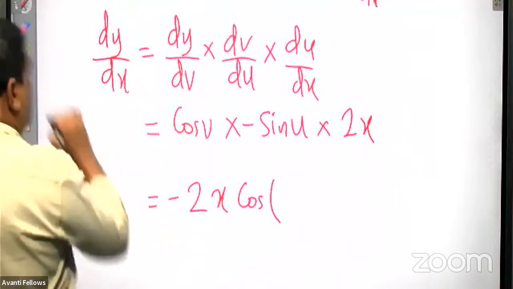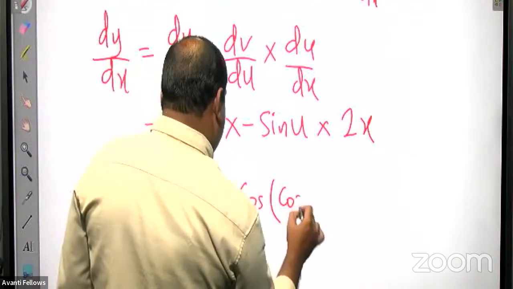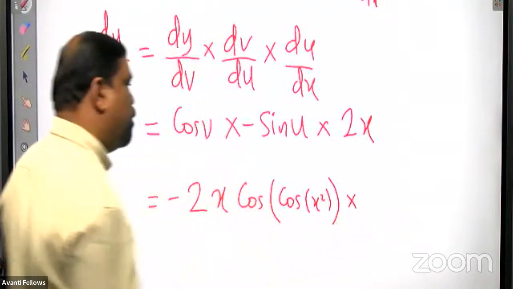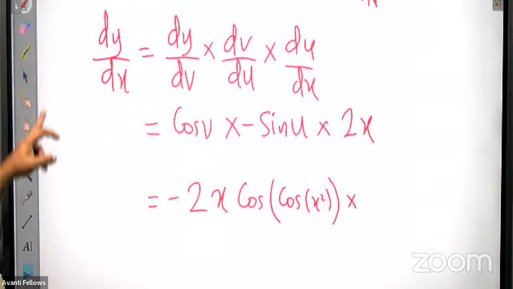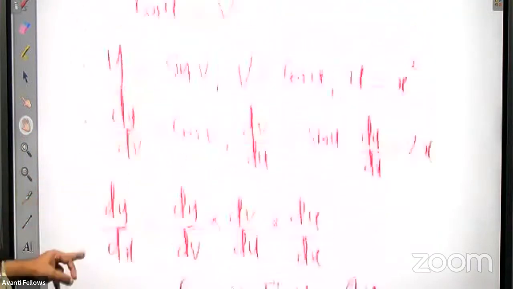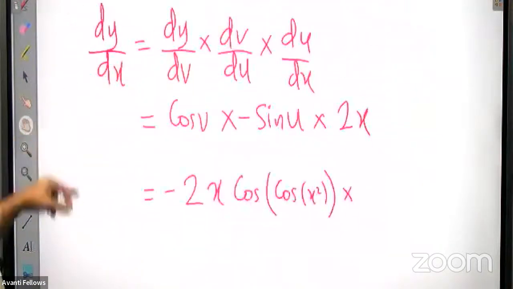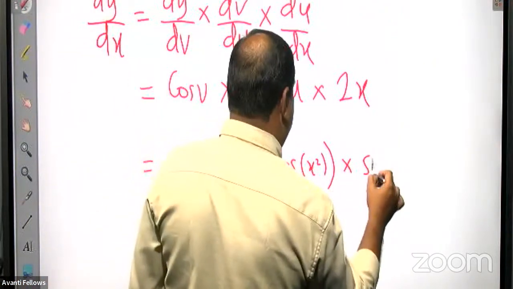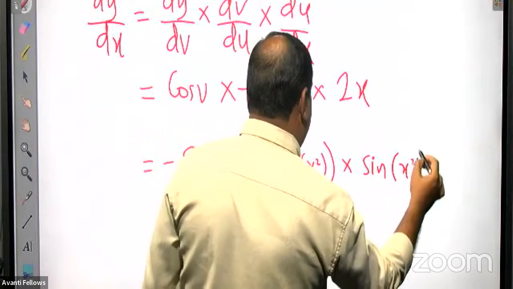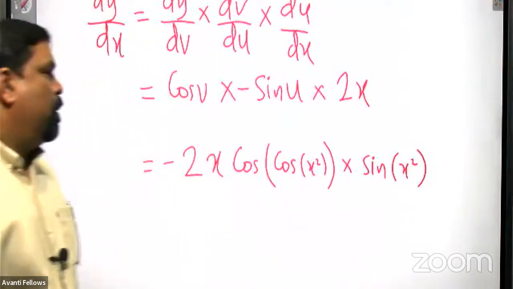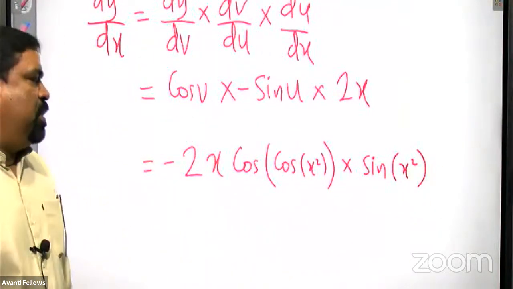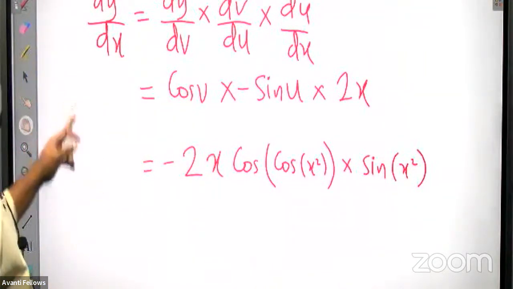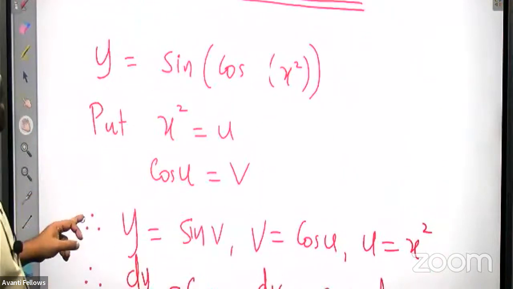That means cos of x square into sine u. What is u? U is x square. So sine u means sine of x square. Okay. So this is the answer for our function, sine of cos of x square.